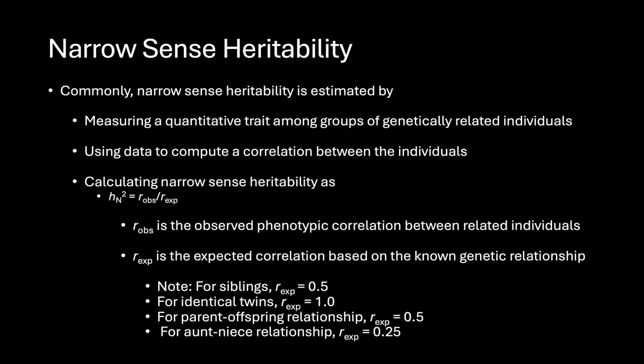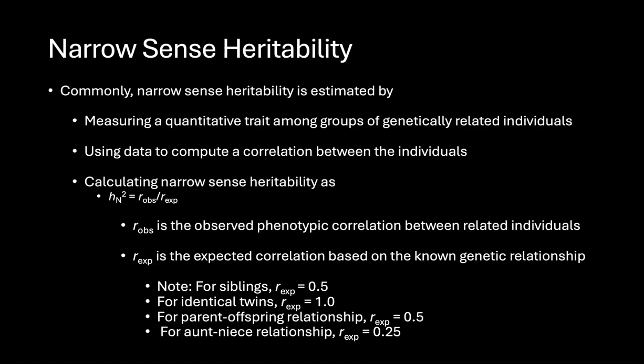To calculate the narrow sense heritability, typically we will measure a quantitative trait among groups of genetically related individuals. This allows us to calculate the correlation between the groups of related individuals and compare that to what we expected the correlation to be.